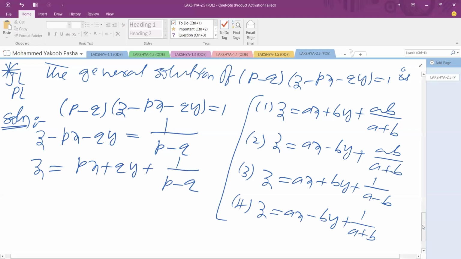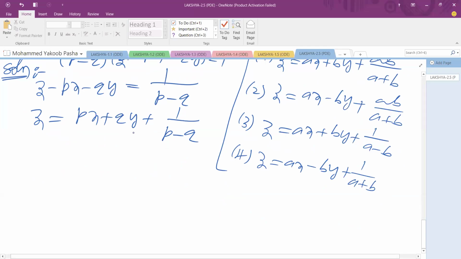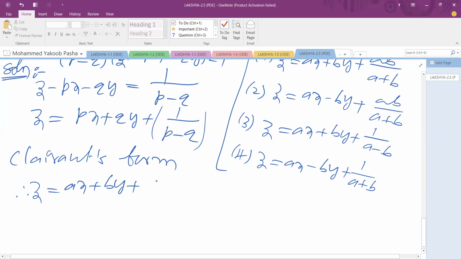Clearly, it is in the form of z equal to px plus qy plus a function of p and q. This is completely a function of p and q. So it is in Clairaut's form. So the general solution is just write p is equal to a and q is equal to b. So that z equal to ax plus by plus 1 by a minus b is the general solution.